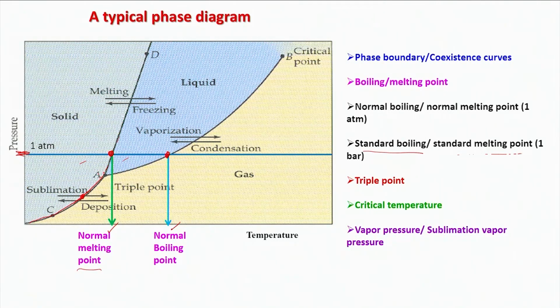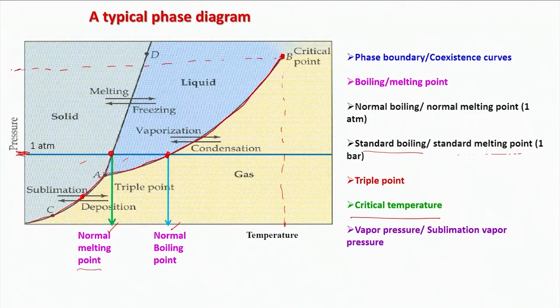Similarly, another thing that we note here from the experimental phase diagram is that the phase coexistence curve between the liquid and the gas phase terminates at a certain point. This point is known as the critical point, and the corresponding temperature, if I mark it out here, is called the critical temperature, and the corresponding pressure is known as the critical pressure.